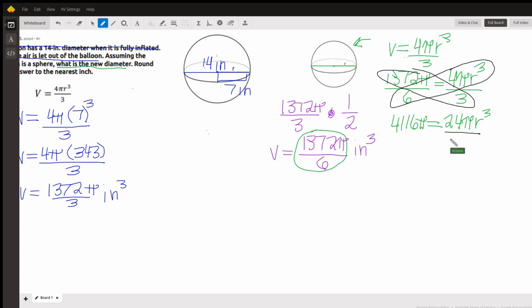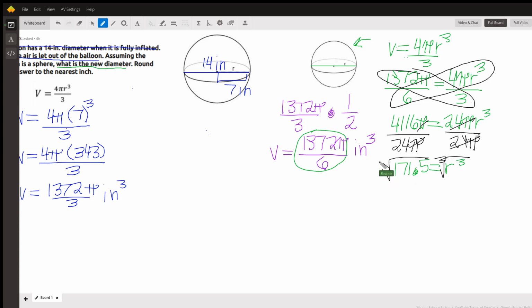Let's divide out 24 pi from both sides so that we can get our r variable alone. Remember, our goal is to find that variable. The pi's cancel out to 1, and then 4,116 divided by 24 is 171.5 equals r cubed.